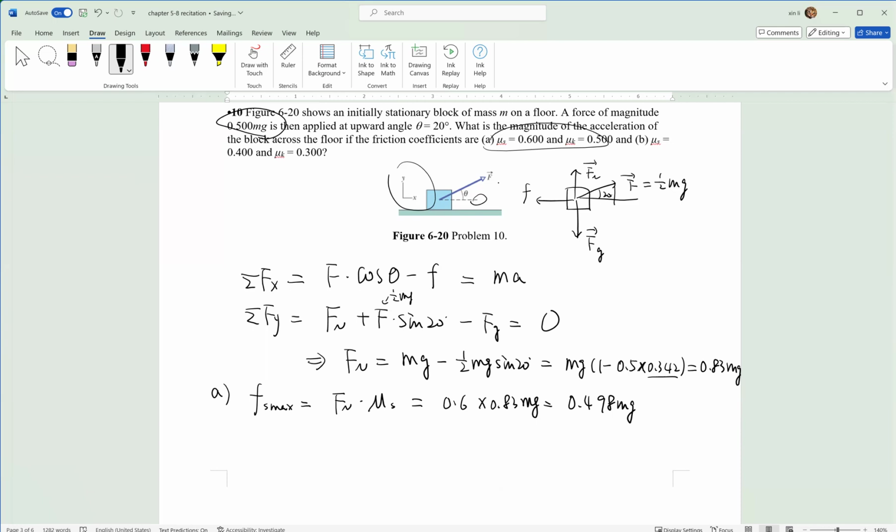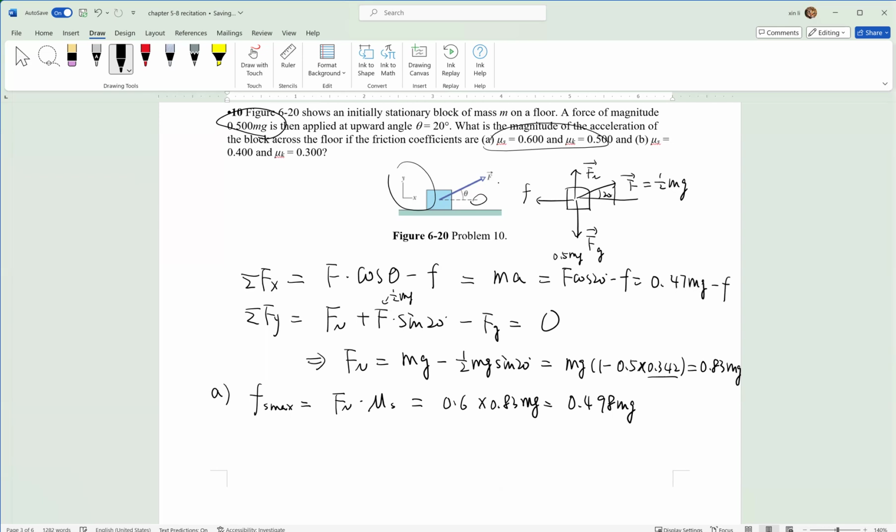And here, your F cosine theta, you can keep on writing here. F cosine theta is F cosine 20, and this F is 0.5 mg, okay? So 0.5 times cosine 20, you are going to get 0.47 mg.